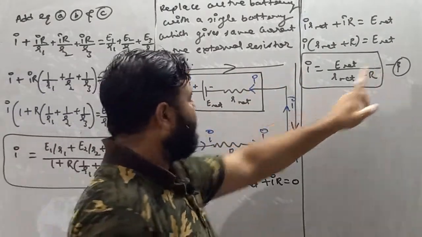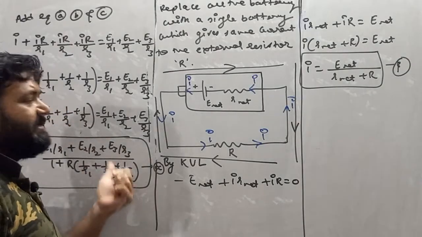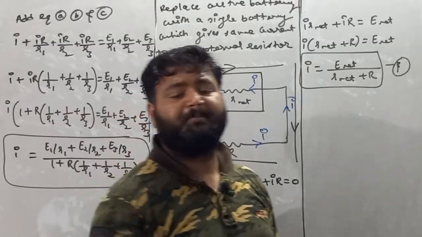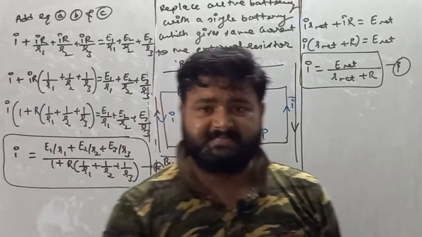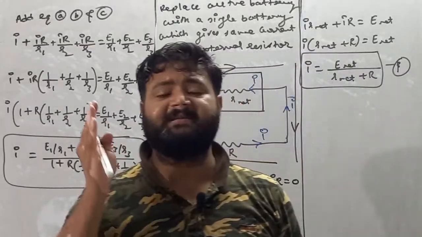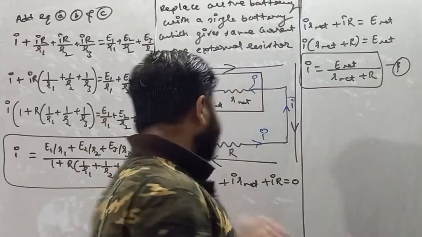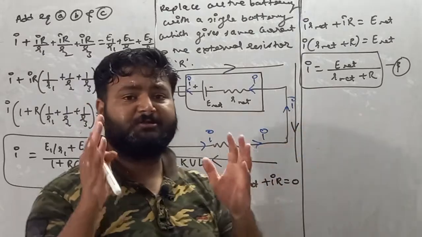If we add or remove this term from this equation, then only we can perform the comparison. Because remember, my dear student, comparison is always performed with 2 similar terms. So here this current and this current are not similar terms.